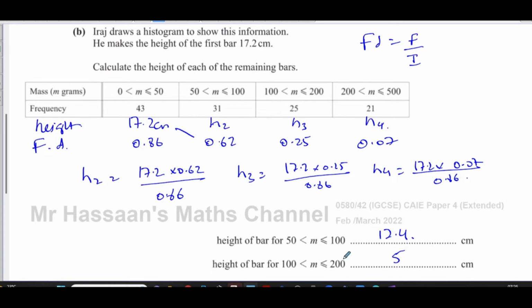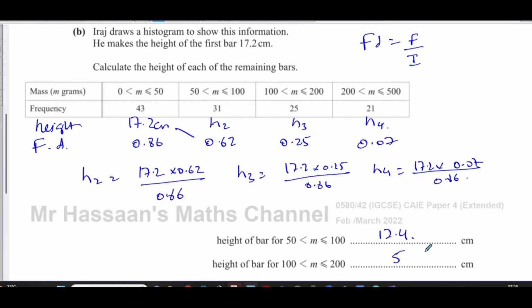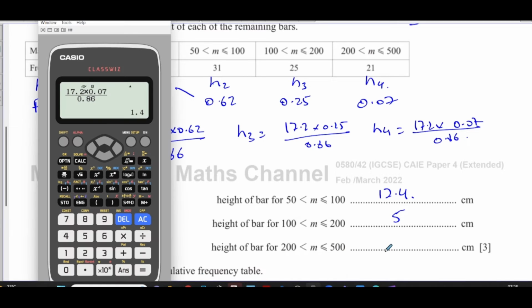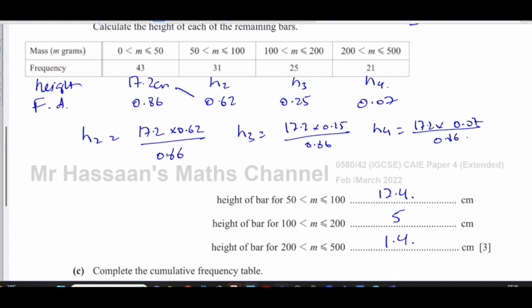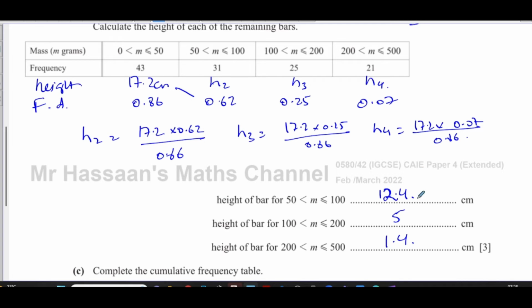Then for the last one, that becomes 0.07, and that gives us 7 over 5, which is 1.4. So 12.4, 5, and 1.4. Let me make sure that first one, in case I wrote it down wrong. Yeah, 12.4. I just didn't write it very neatly.